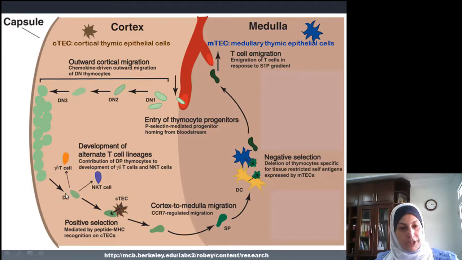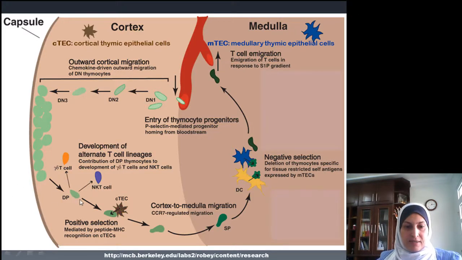Still in the cortex, the T cell has developed both CD4 and CD8, so it's double positive, and it has also developed the T cell receptor. It can be a gamma delta T cell, an alpha beta T cell, or it can develop into a natural killer cell. We are focusing here on the double positive alpha beta T cell receptor.